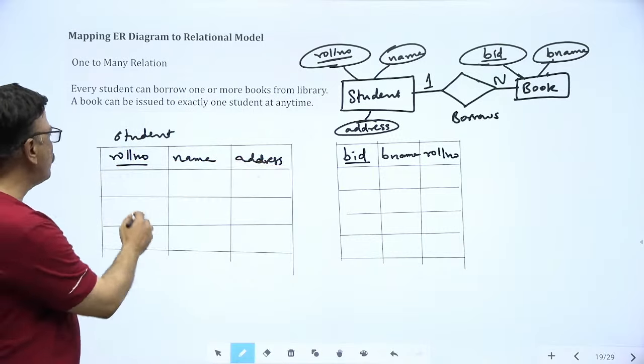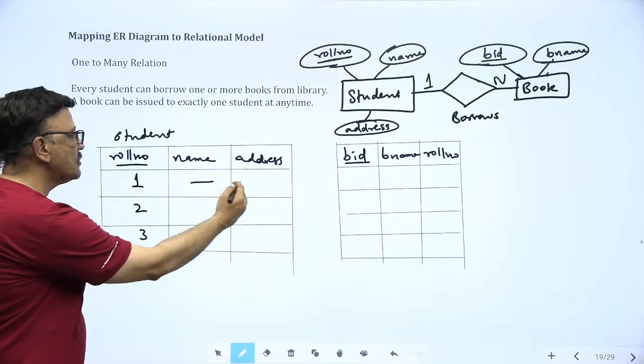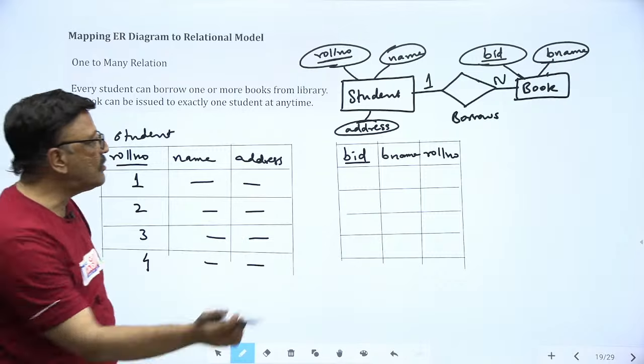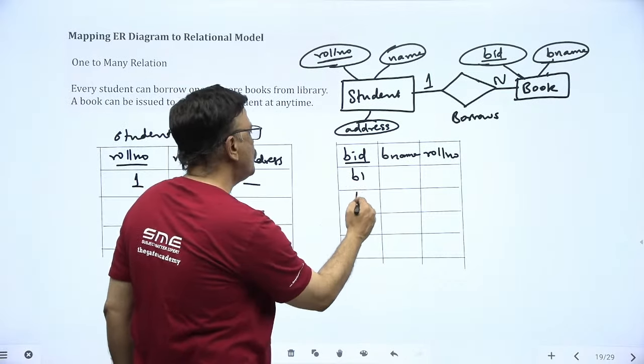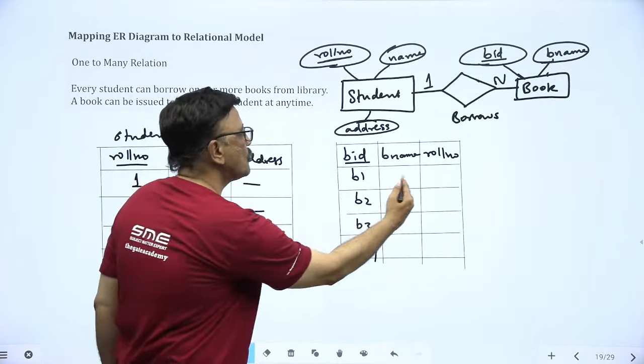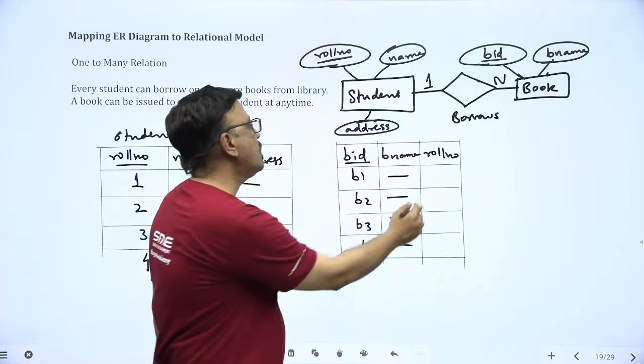Just see very quickly, if these are our students, 1, 2, 3, 4, and some names, some addresses. And these are our books. Let's say B1, B2, B3, B4, these are our books, and some names of the books. B1 might be taken by roll number 1.